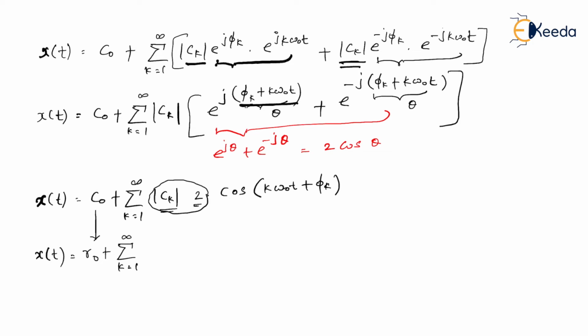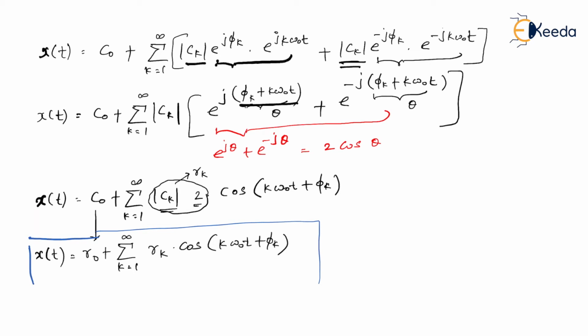So twice of mod of ck I can express with some another constant. Let me say rk. So I'd say rk cos of k omega naught t plus phi k. Am I right? So this is another form of x of t I have got. And let me tell you, this is another type of Fourier series popularly known as polar form Fourier series.